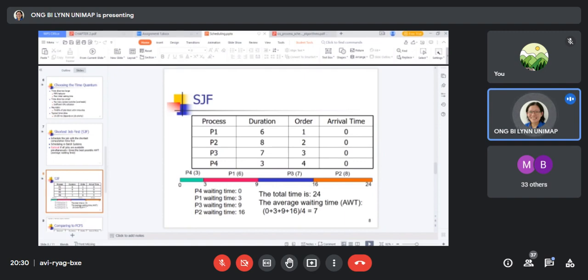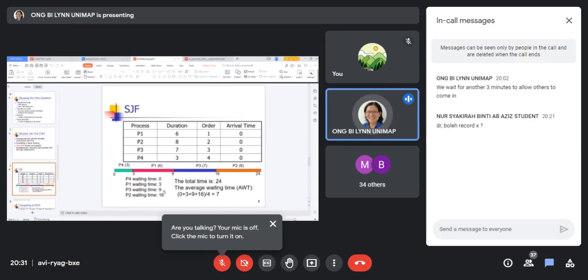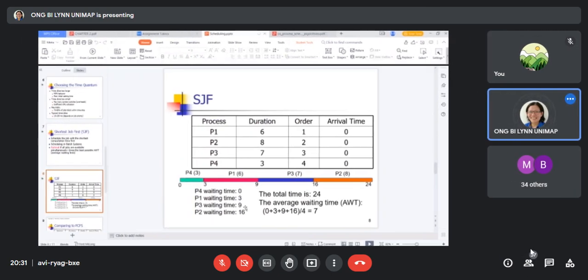P3 finished at 16 minus itself 7, so you have 9. Lastly, P2 finished at 24 minus itself 8, you have 16. So the average waiting time will be equal to 3 plus 9 plus 16 over 4, which equals 7.